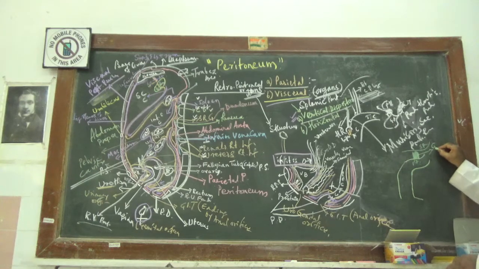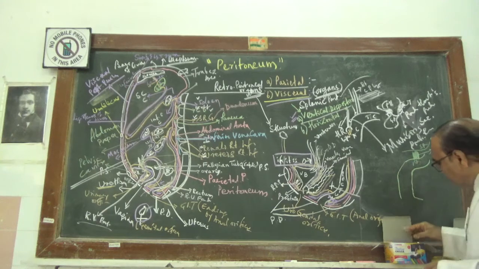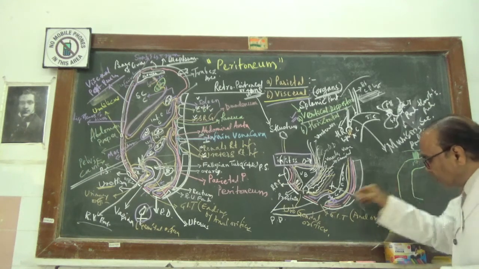This is the gastroduodenal ligament, vertical. And then you will have one more ligament in this connection.